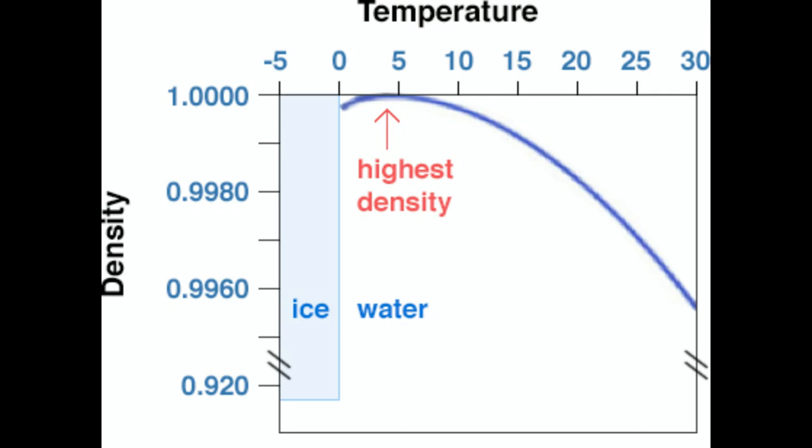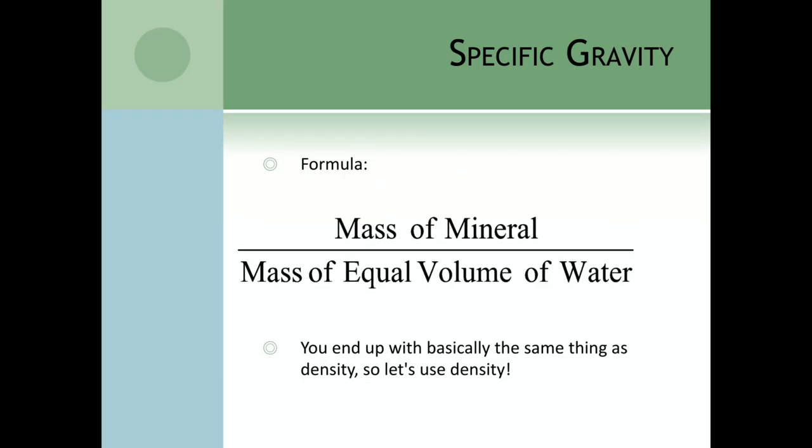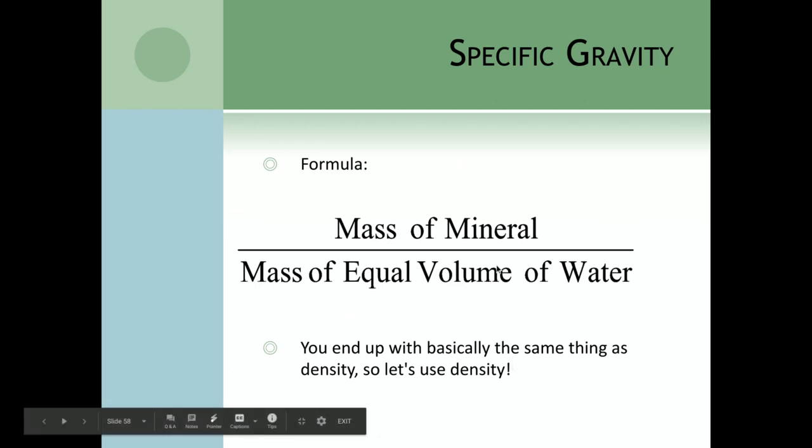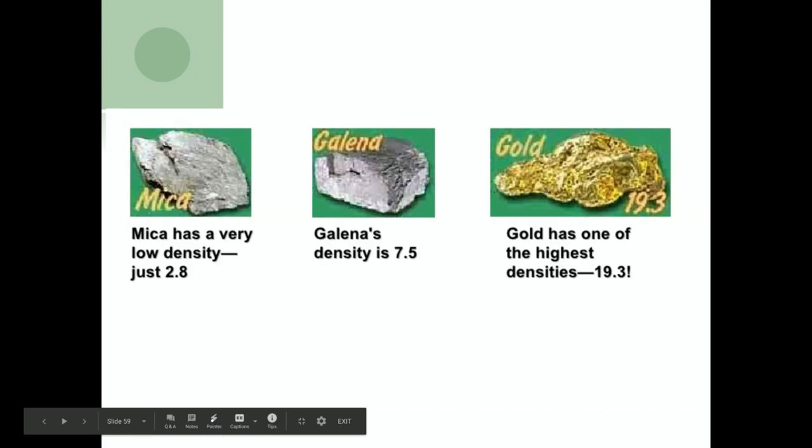So if you are dividing by a substance's equal amount of water, you're basically dividing by its own volume. So when we find the mass of the mineral divided by the mass of an equal volume of water, you are ending up basically doing mass divided by volume of the substance, and that gives you density. So for sixth grade purposes, we're going to use density.